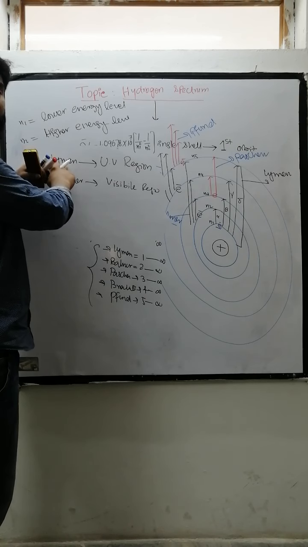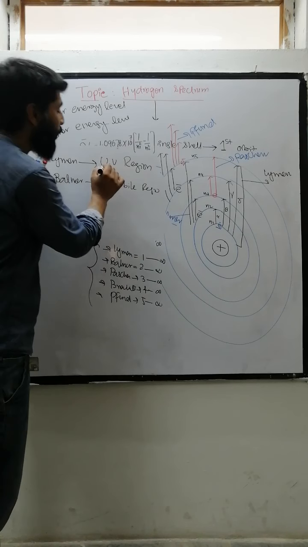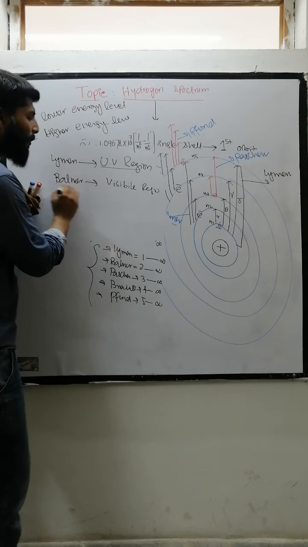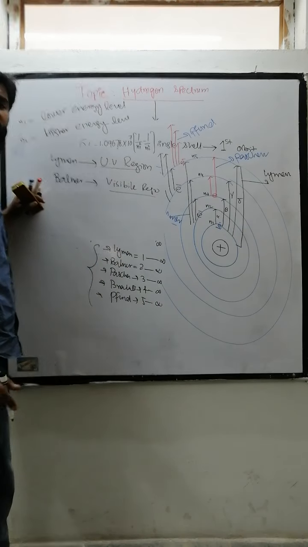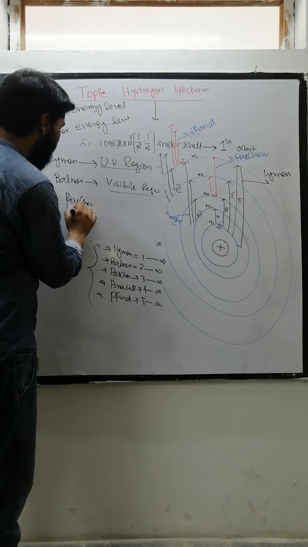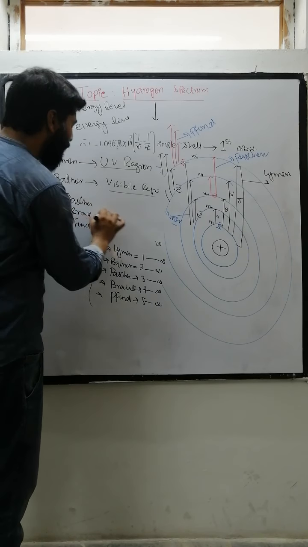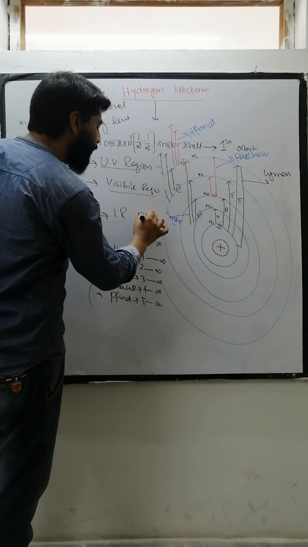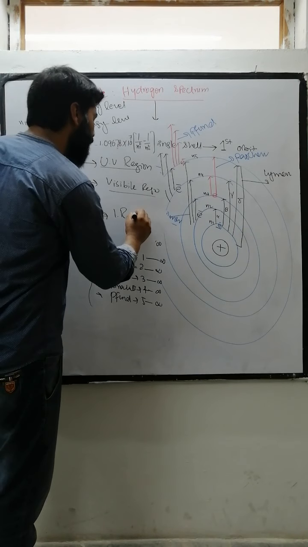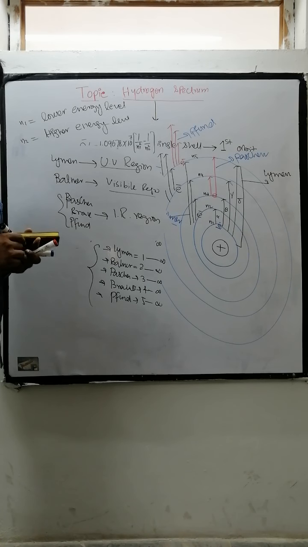All the wavelengths obtained through the Lyman series are observed in the ultraviolet region of the spectrum. The Balmer series is observed in the visible region, while the Paschen, Brackett and Pfund series are all observed in the infrared region of the electromagnetic spectrum.